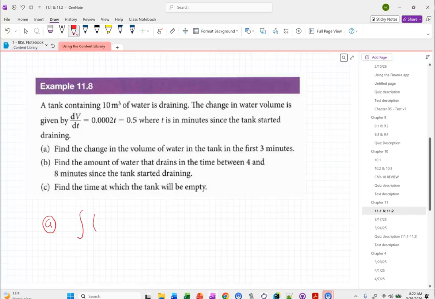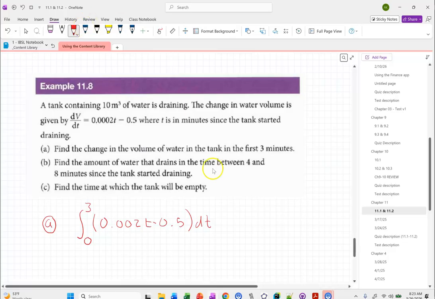I'll just write the numbers. And if we're talking about the first 3 minutes, we're talking about from minute 0 to minute 3 that we're accumulating over. So those will be the lower and upper bounds for my definite integral.